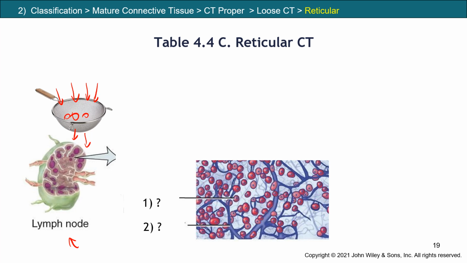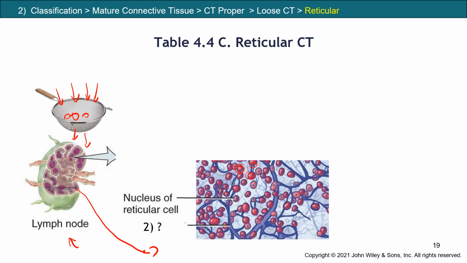Now let's talk about how the lymph nodes are able to form this mesh, or web-like network of fibers. They have these reticular cells. You see them there. The blue dots are the nucleus, and the blue lines are the reticular fibers, which, as I said before, have a web-like structure.